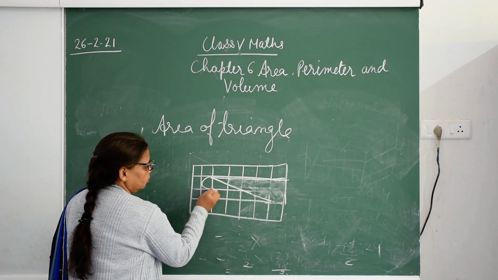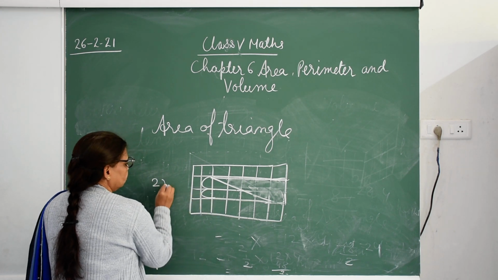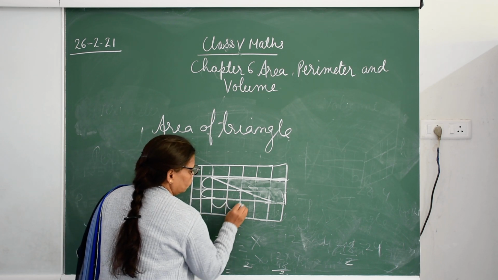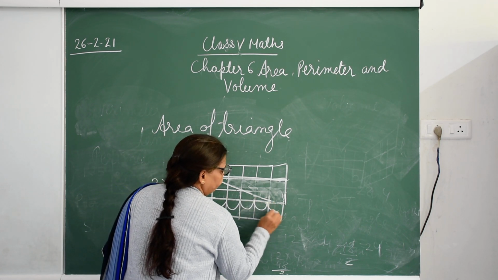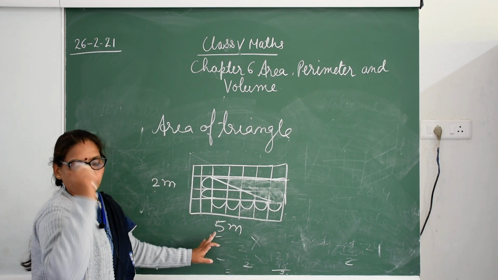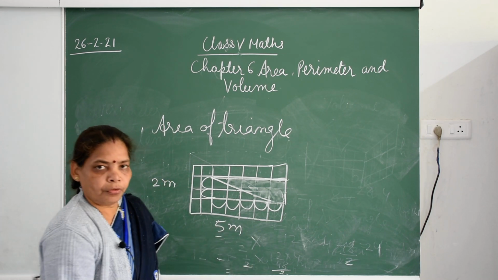Count this: 1 and 2. So 2 meter is breadth and length is 1, 2, 3, 4 and 5. So 5 meter is length, and put the formula and find the area of a triangle.